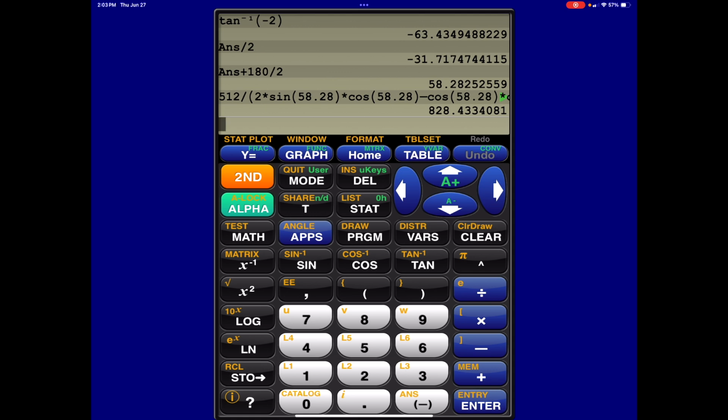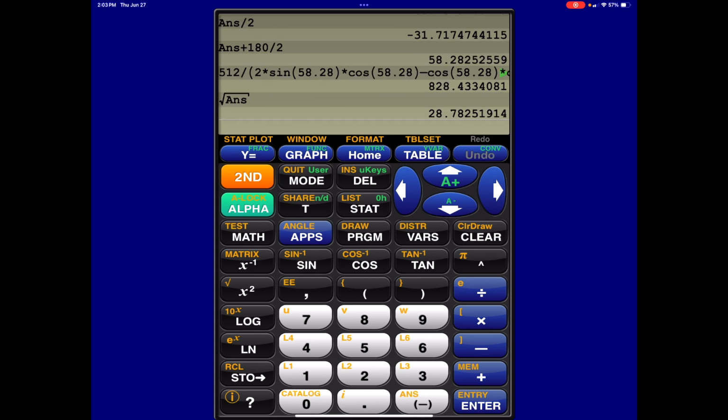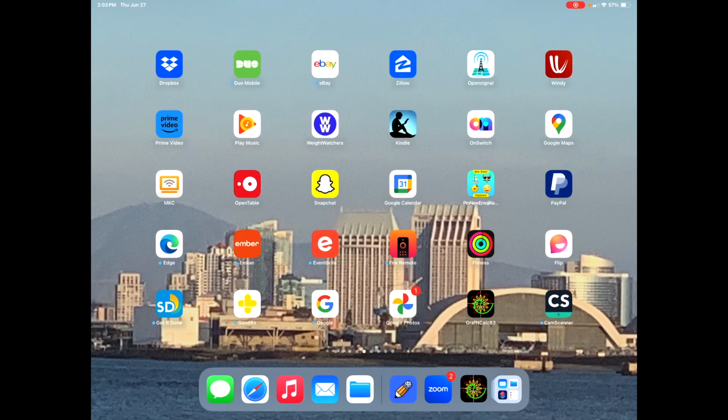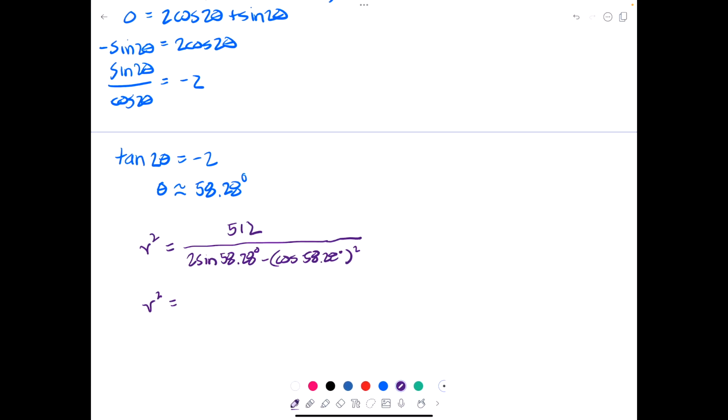Enter. And so we will get 828.4334, and then we need to find the square root, and you get approximately 28.78. And let's look at our unit. You can put plus or minus, but since it's speed, we're just going to put our v.